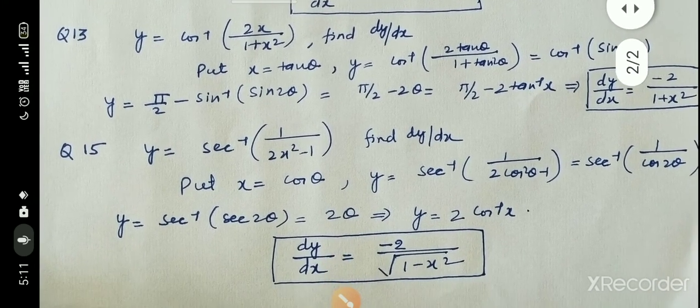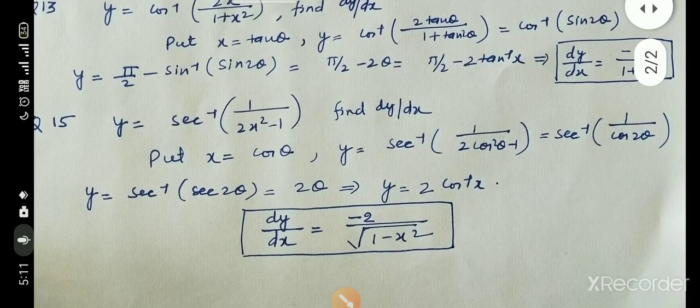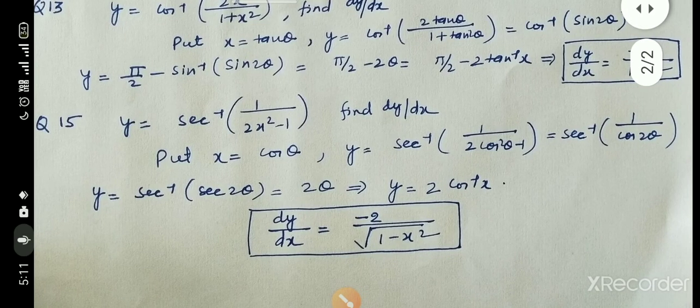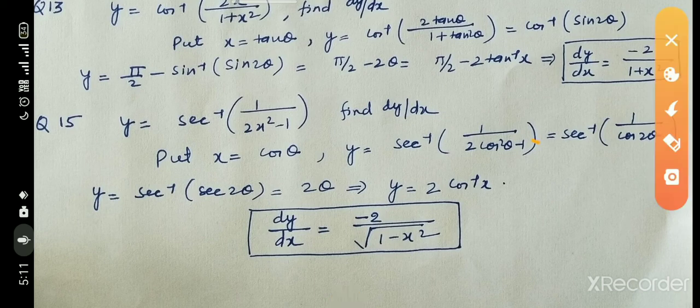Now move to question number 15. y is equal to sec inverse 1 upon (2x square minus 1). Then find dy by dx. Put x is equal to cos theta. y is equal to sec inverse 1 upon (2 cos square theta minus 1). And as you know that 2 cos square theta minus 1 is cos 2 theta.